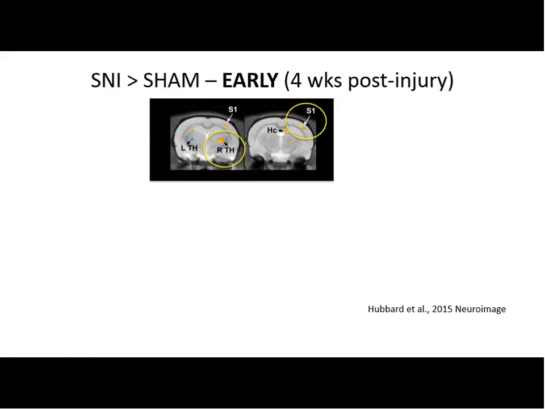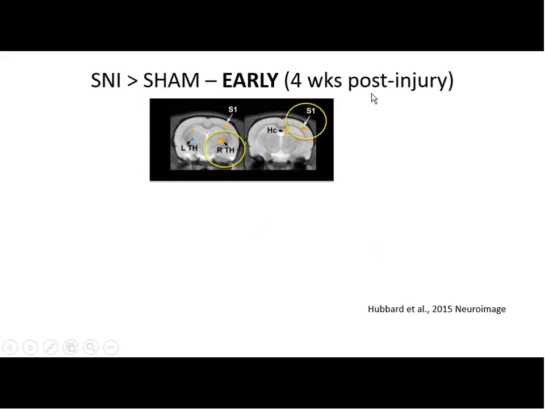So we did a similar study at University of Maryland, exact same model, but this time looking at functional MRI. So this is the same model, but we're looking at responses to the application of a noxious cold stimulus to the affected hind limb.